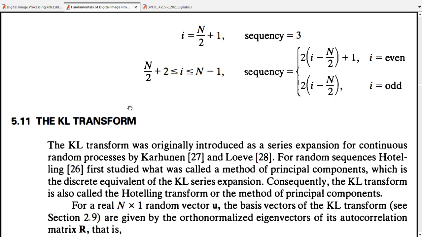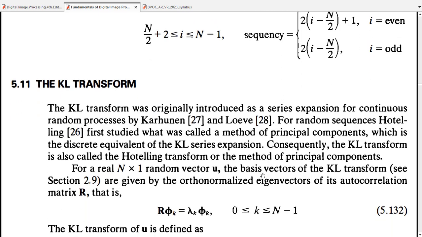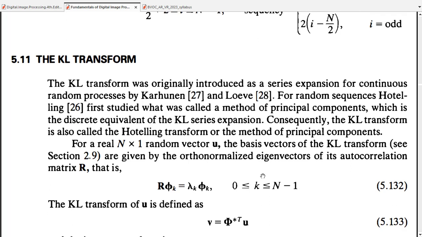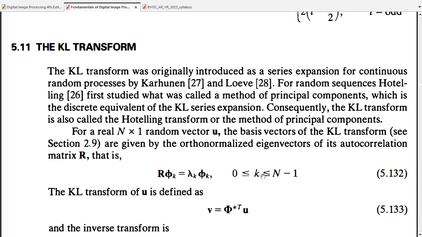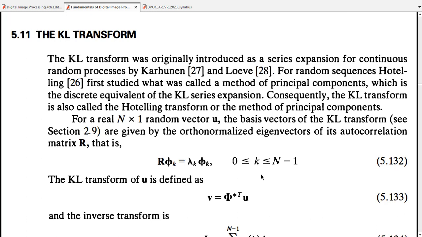In the KL transformation, Karhunen-Loeve transformation, simply we say KL transform, it was originally introduced as a series expansion for continuous random processes by Karhunen and Loeve. For random sequences, Hotelling first studied what was called the method of principal components, which is the discrete equivalent of the KL series expansion. Consequently, the KL transformation is also called the Hotelling transform or the method of principal components.